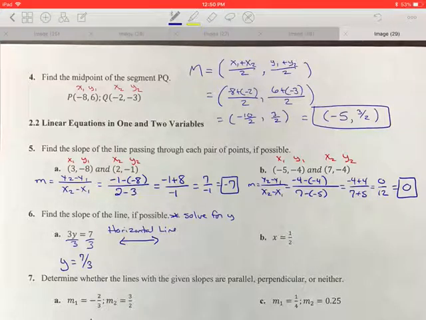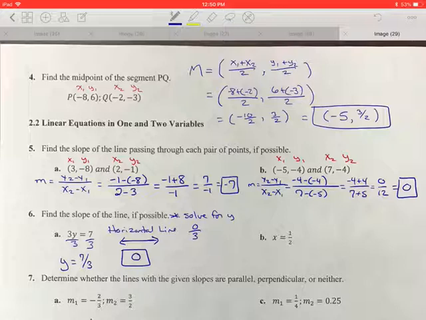If you think about the slope or the steepness of a horizontal line, you don't go up or down any, which means that your numerator is a 0. So your rise is a 0, and then it makes the whole thing 0. So if you were to find the slope, you would get something like maybe 0 over 3 or 0 over 5 or something like that. It makes the whole thing 0.